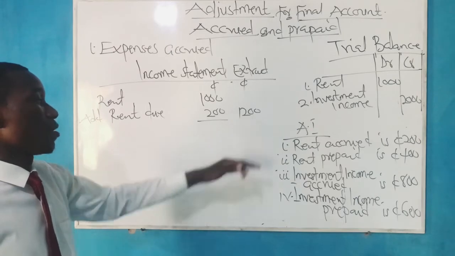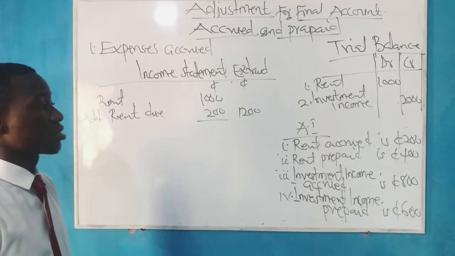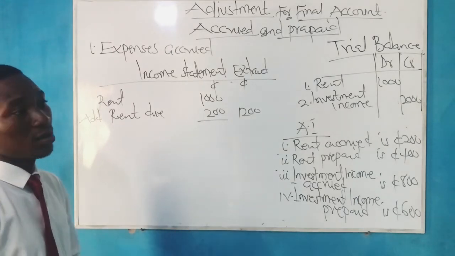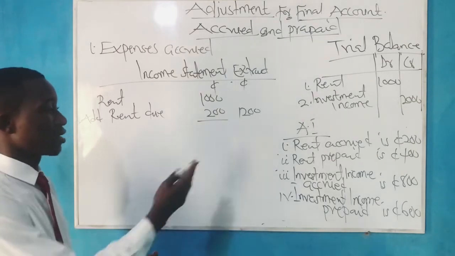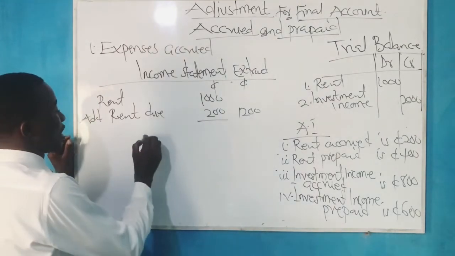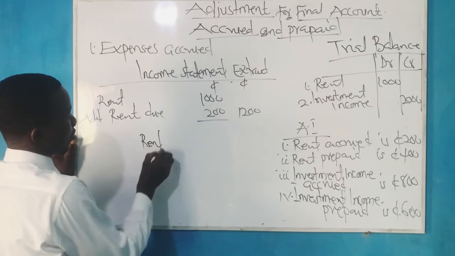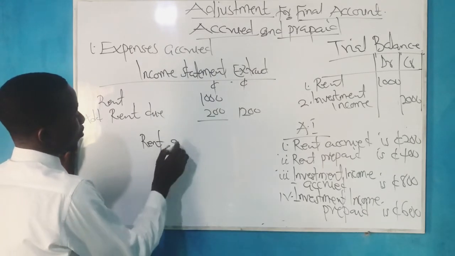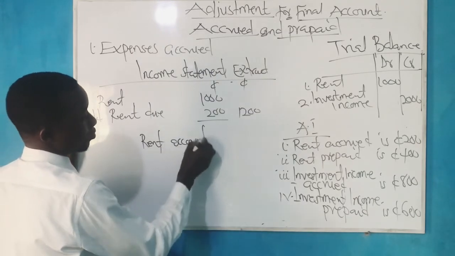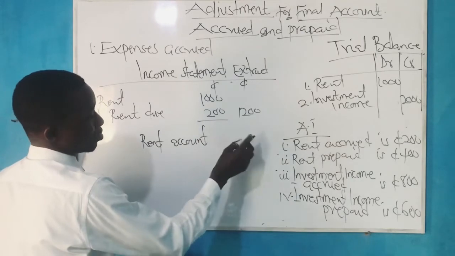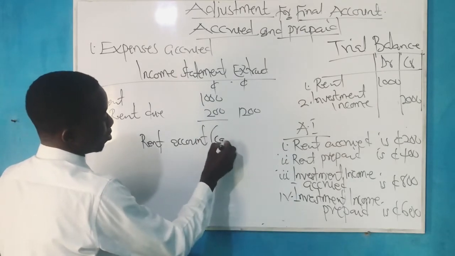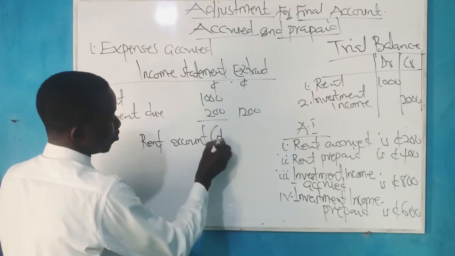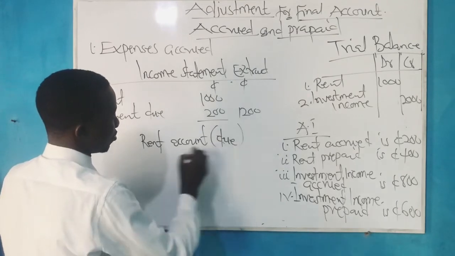Is that okay? In a situation where they will ask you to open the individual ledgers of these items, you may be having your rent account, but it is accrued, okay, or due. That's the expenses due account.